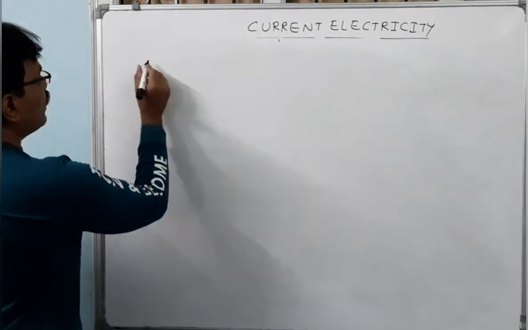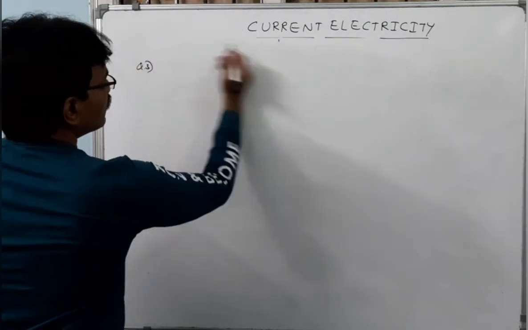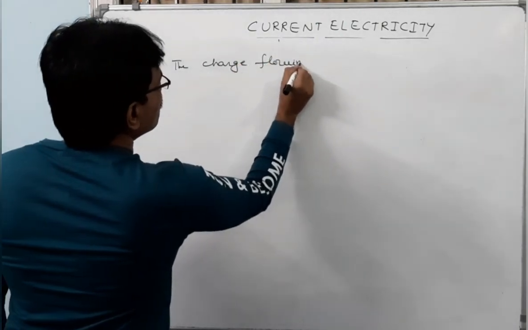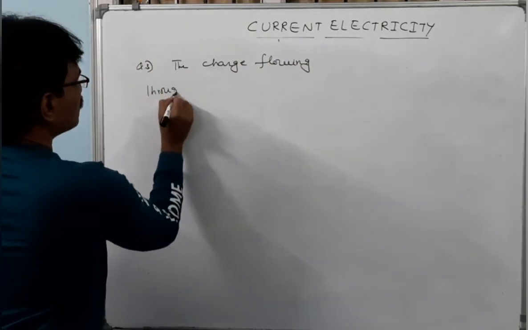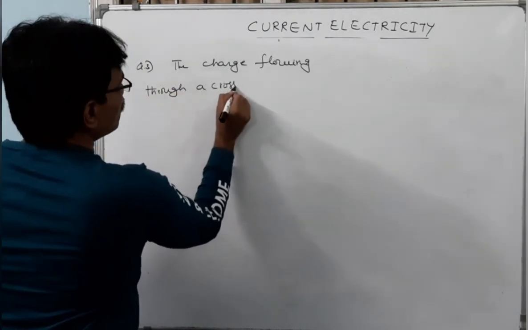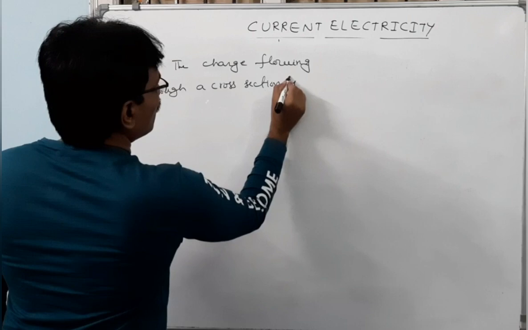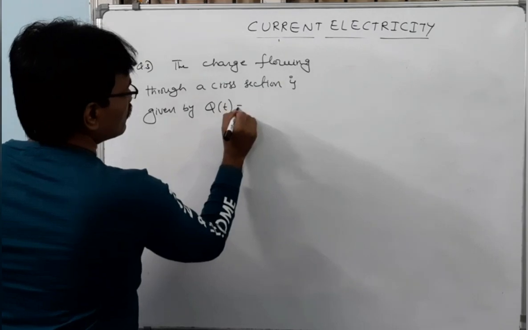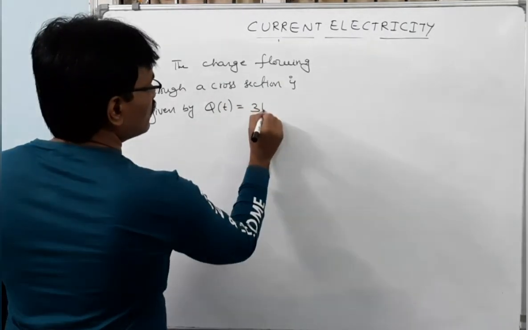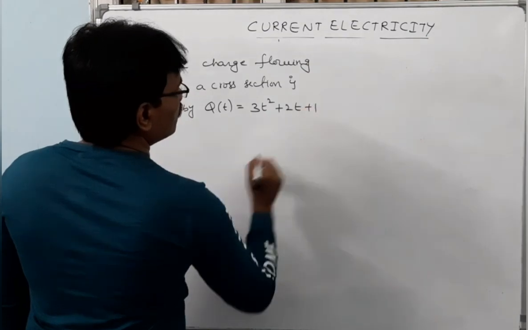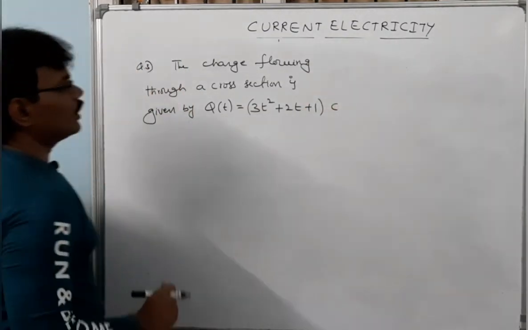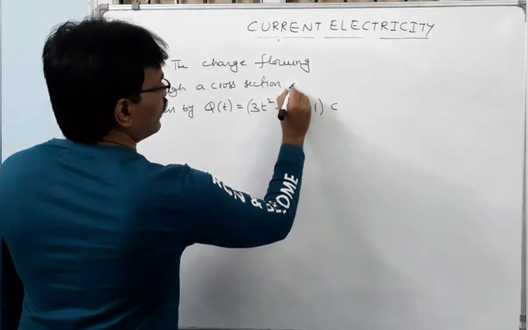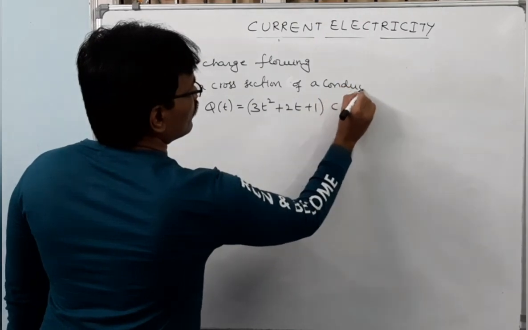The next question: the electrical charge flowing through a cross section of a conductor is given by this expression.